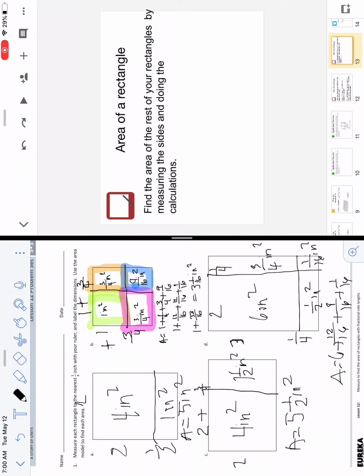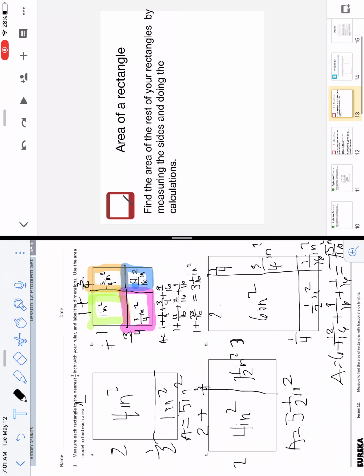And we get a grand total of 6, 12 plus 8 plus 1 is 21/16, which gives us 7 and 5/16. And don't forget to label inches squared. 7 and 5/16 inches squared.